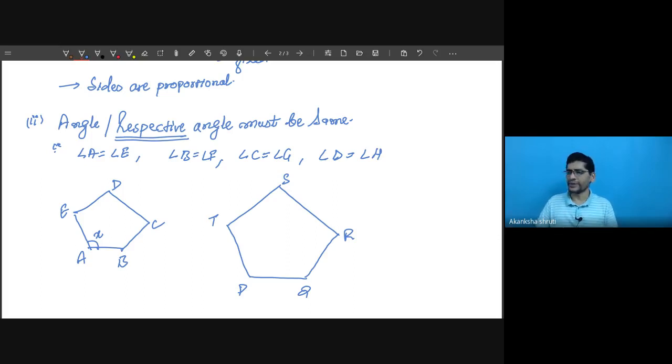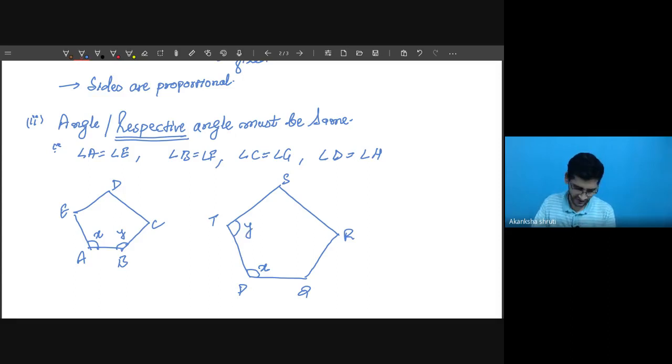Regular pentagons are those in which all the sides are equal. Whatever this X is, this X must be present somewhere. If I consider angle B as Y, the other one should be Y. It may be possible that this T may be equal to Y. It need not be in the same order, but it may be here.